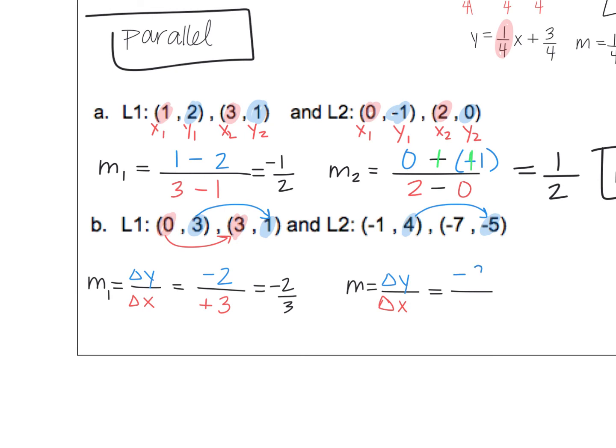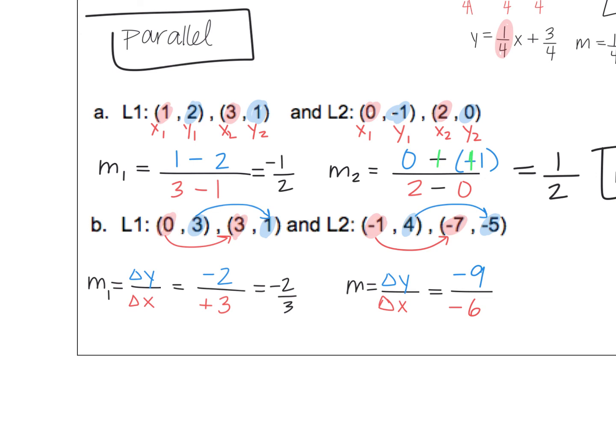Should be down 9. And then we'll look at our x's. To go from negative 1 to negative 7, we go down 6.